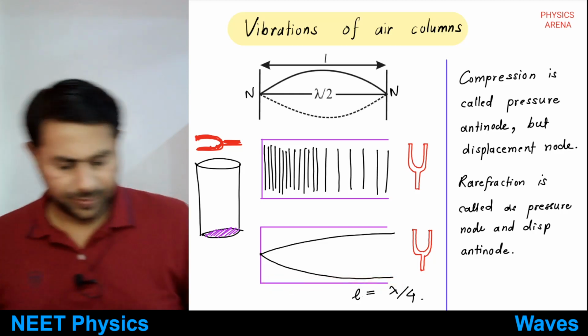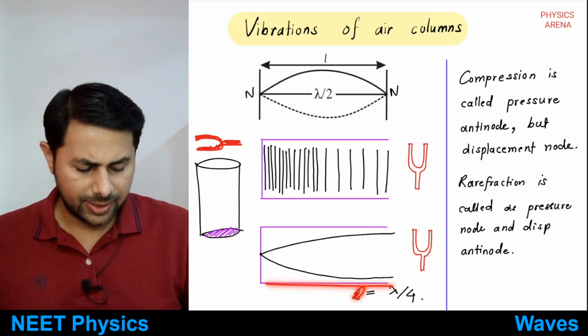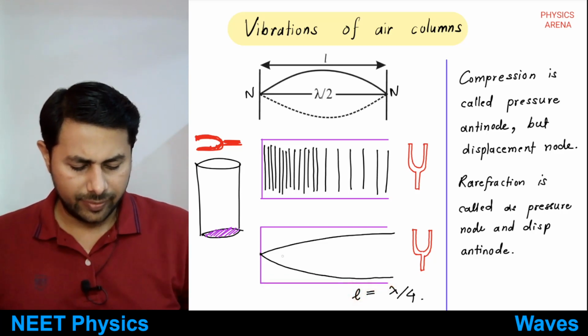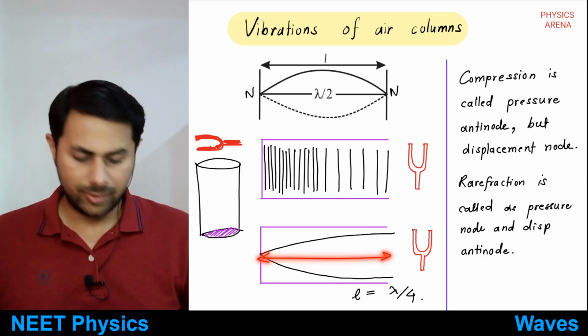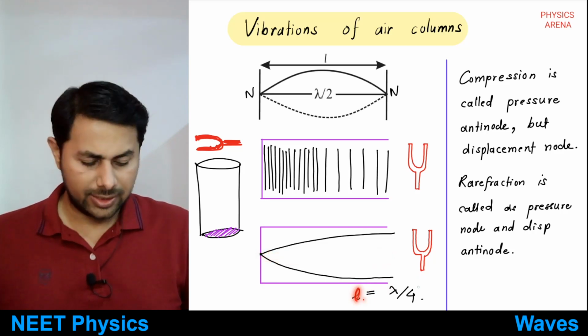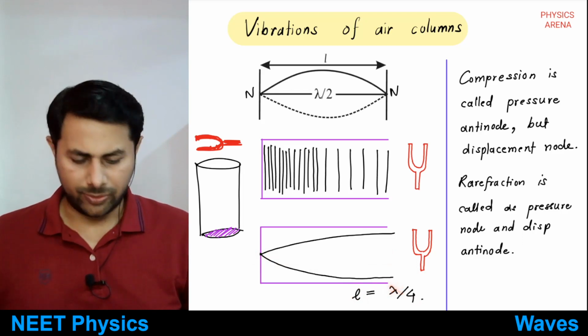If L is the length of this pipe, then for the fundamental mode the length is just lambda by 4, where lambda is the wavelength of the fundamental mode.